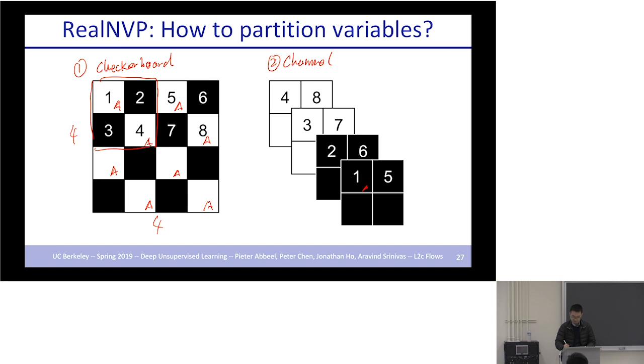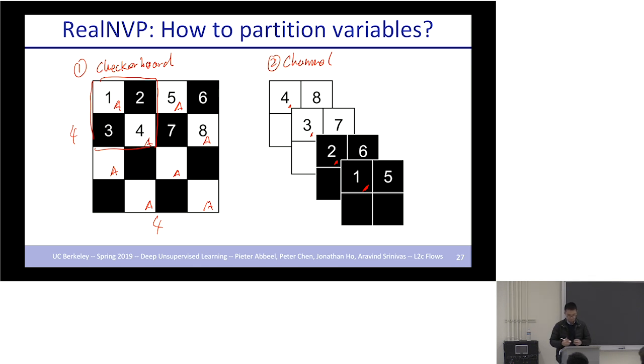So now 1 becomes here, 2 becomes here, 3 becomes here, 4 becomes here. So you're basically shrinking the spatial size in exchange for more dimensions. This is presumably useful in some neural nets because now you can have convolution that operates on more channels but a smaller spatial dimension.